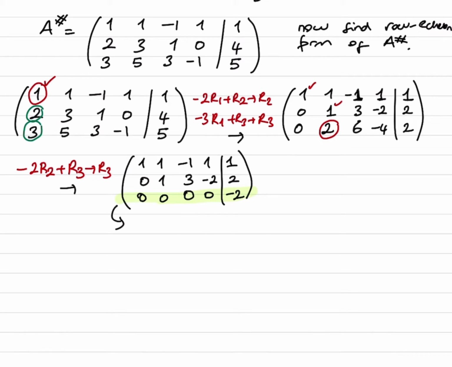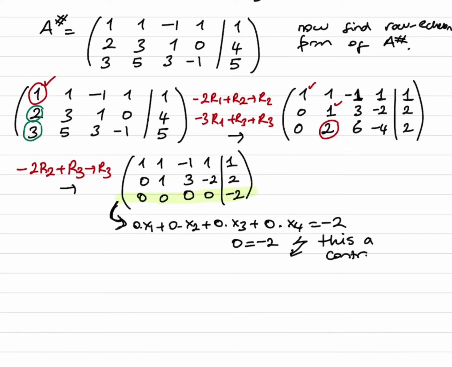This row says 0 times x1 plus 0 times x2 plus 0 times x3 plus 0 times x4 is equal to -2. This is exactly what this row says, and this says 0 is equal to -2. So this is a contradiction, because 0 is not equal to -2, right?